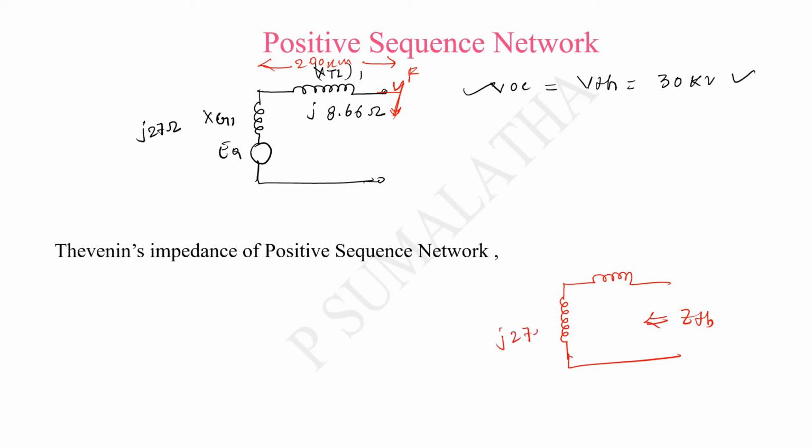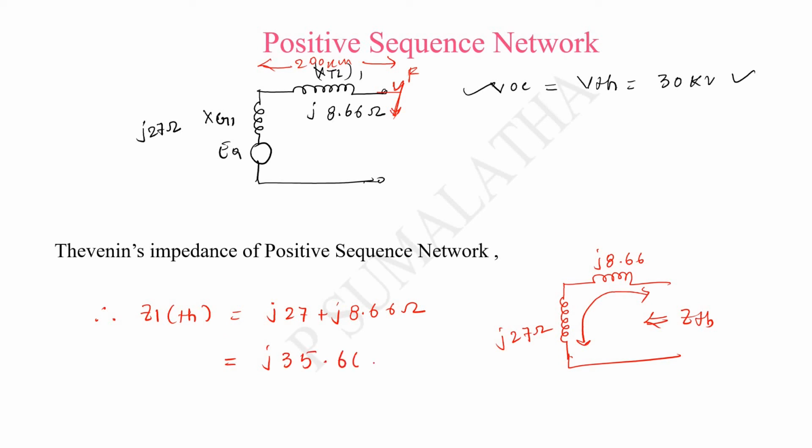Then these two will be connected in series, so directly you can add these two reactance values. Therefore, Z1 Thevenin is equal to J27 plus J8.66 ohm, that is equal to J35.66 ohms.